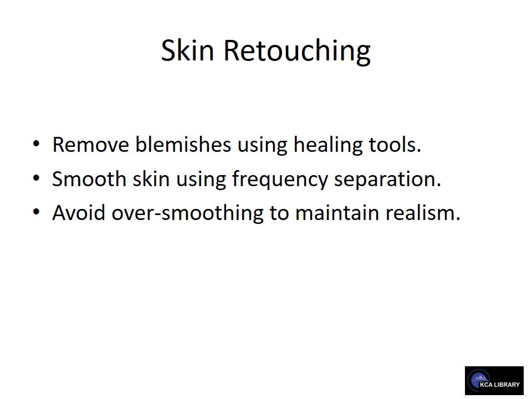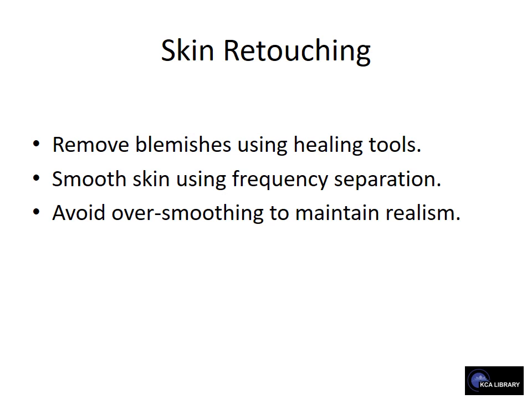Then we move to skin retouching. Why should you retouch the skin? Some people want photographs where they really look pretty good, and they want everything to be smooth. So what is skin retouching in photography?